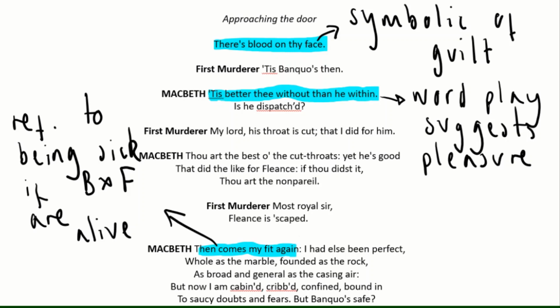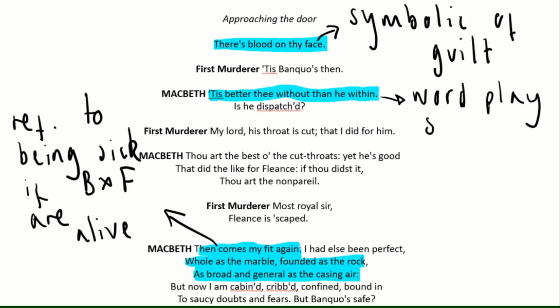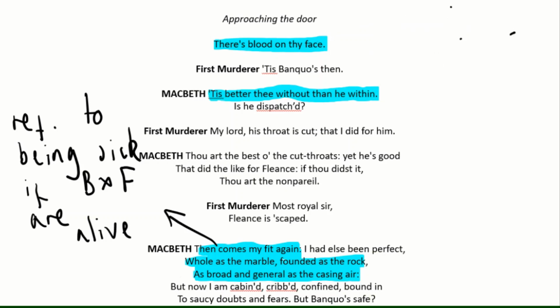And let's highlight this line. "Was the marble founded as the rock, as broad and general as the casing?" Have a think. What method is being used there? So you should have identified that they are in fact similes. I'm just going to rub those out. Rewind if you need to look at those again.